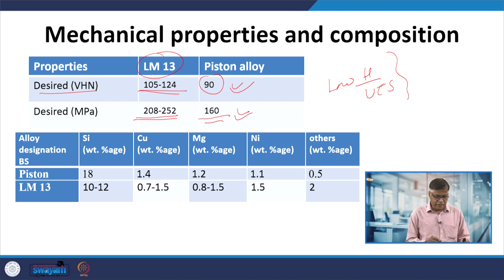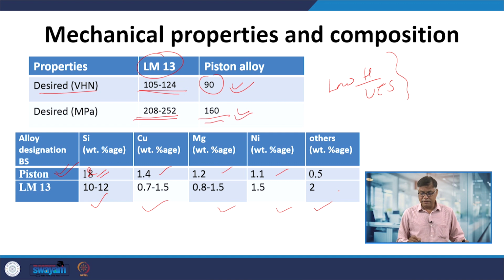Additionally, a compositional analysis was also performed to see what the actual piston composition was as compared to the standard one. The piston showed around 12% silicon, 1.4% copper, 1.2% manganese, nickel, etc., and these were very much in the band of the required composition.